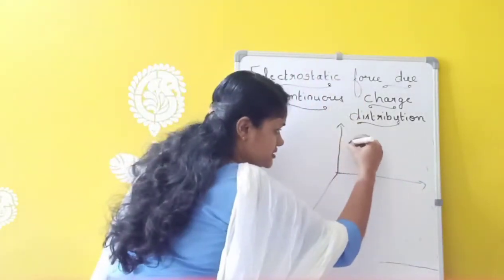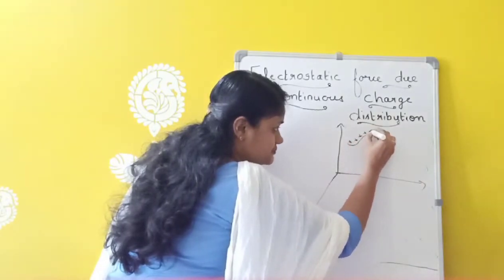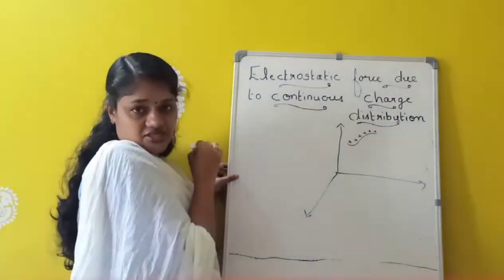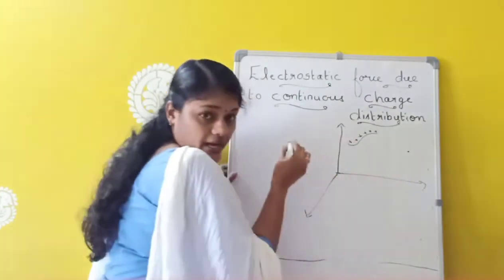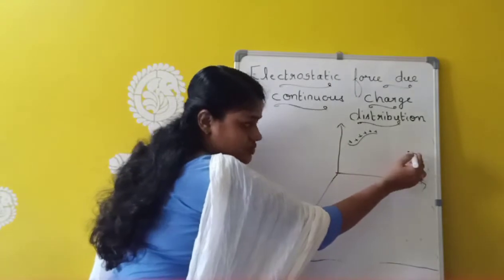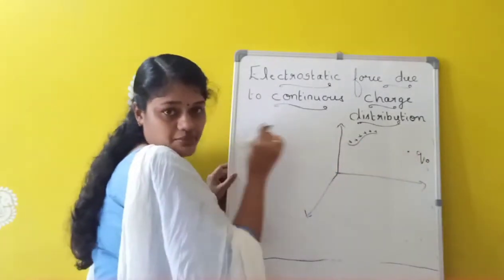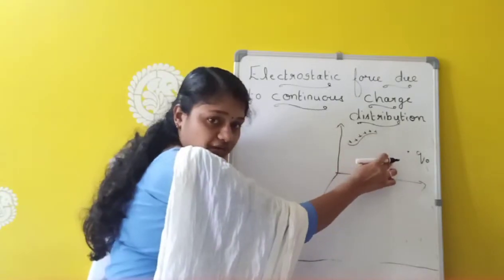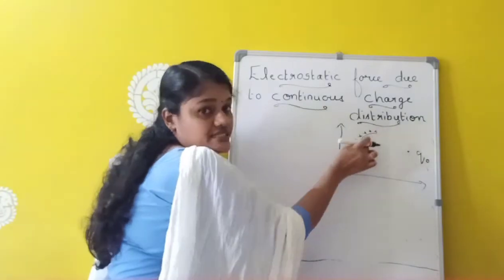It is a conductor carrying charges, and we are taking another point somewhere here. Suppose I am keeping one charge here as Q0, and we have to find the electrostatic force acting on this charge due to this linear charge distribution.